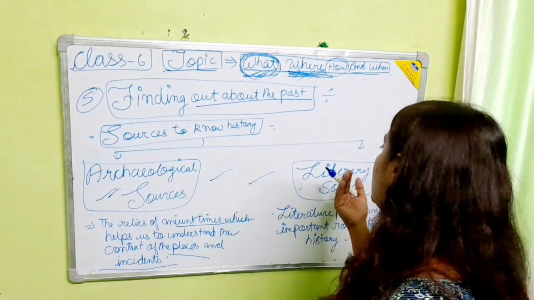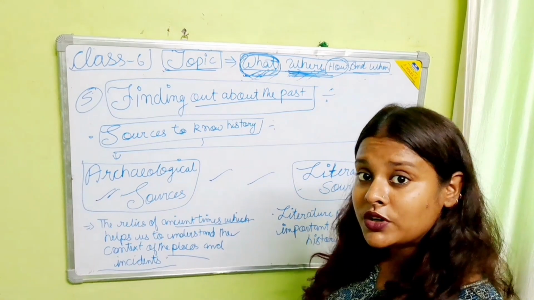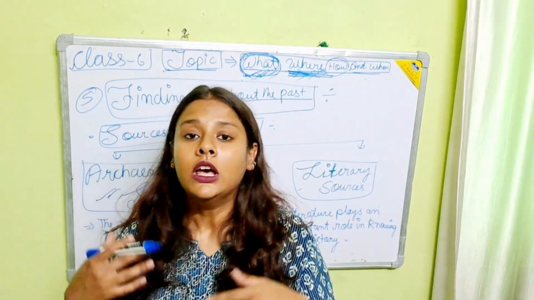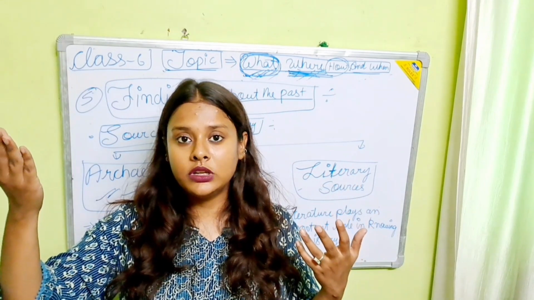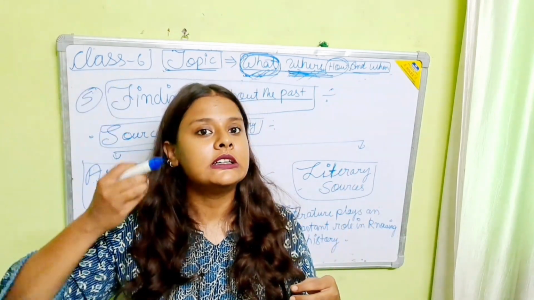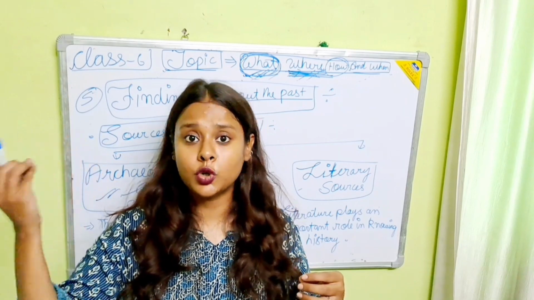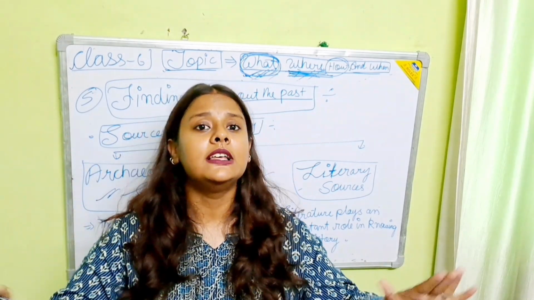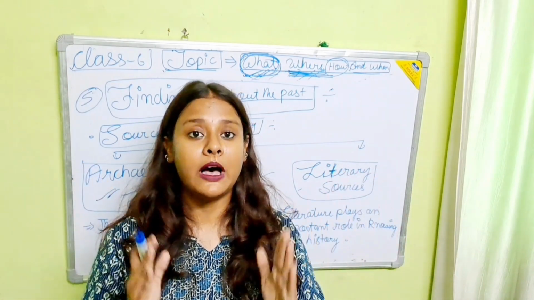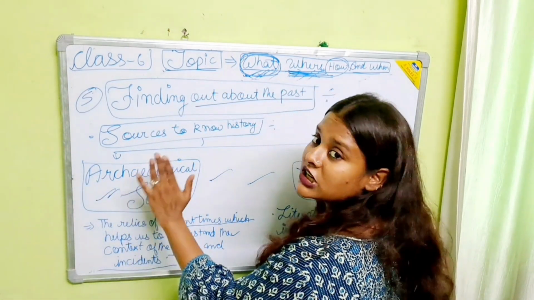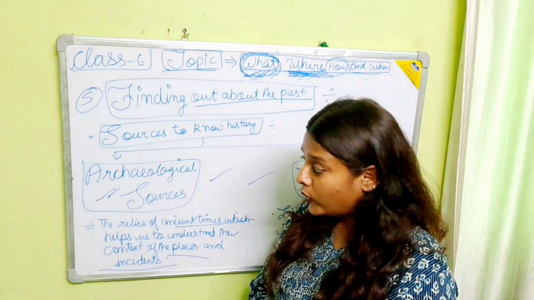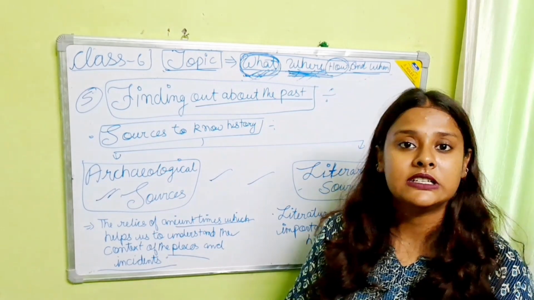Then from history, writings were found through which we come to know which ruler ruled the kingdom, and what the political, economic, social and religious conditions were during that period. All these things can be known using these two sources, which we are going to discuss in detail.